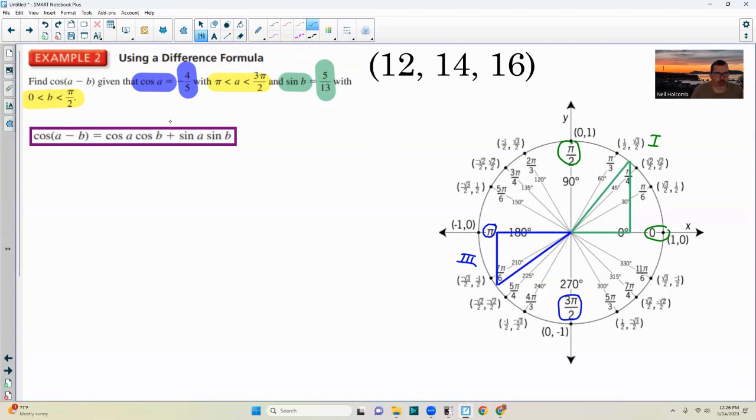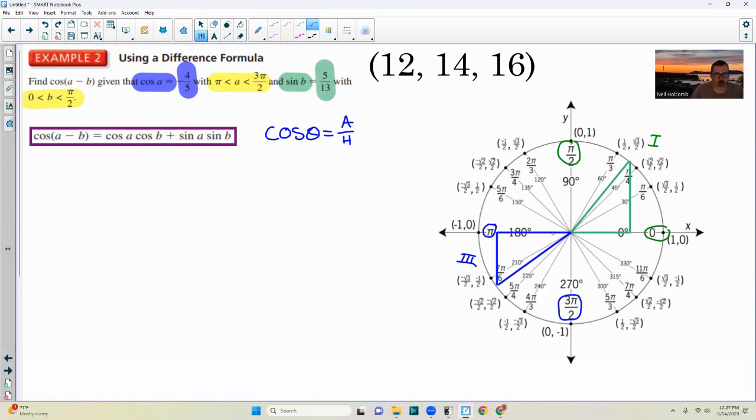Now, the other thing we need to realize is if I have cosine, and I'm going to draw this and then erase it, the cosine of an angle is adjacent over hypotenuse. So if I have negative 4/5, our hypotenuse is never negative. That's the radius of the circle. So this triangle is in a circle with a radius of 5, and this triangle is in a circle with a radius of 13. So it's two different circles that we're using as reference, not the same one right here. This is a unit circle given 0, 1, obviously.